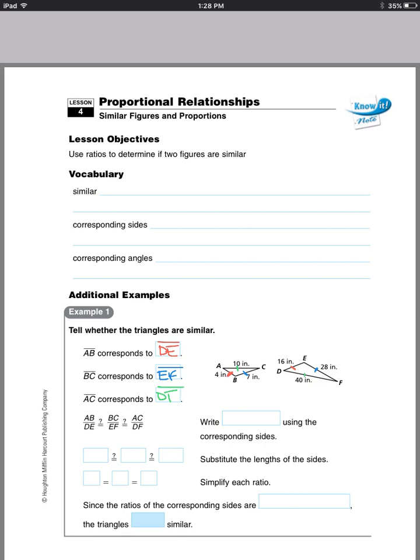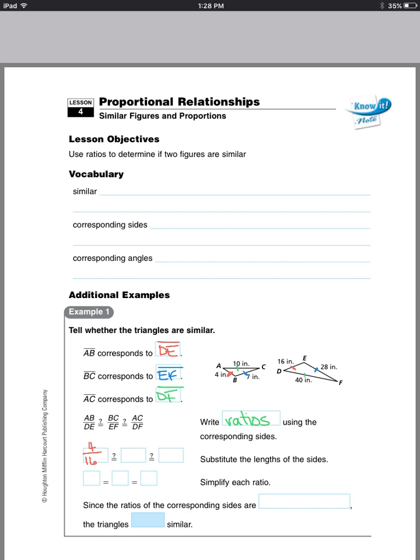So we are going to now write ratios, if they weren't already written for us, using the corresponding sides. We're going to put the two corresponding sides over one another. Now we're going to substitute the lengths of those sides. So AB was 4 over DE, which was 16.